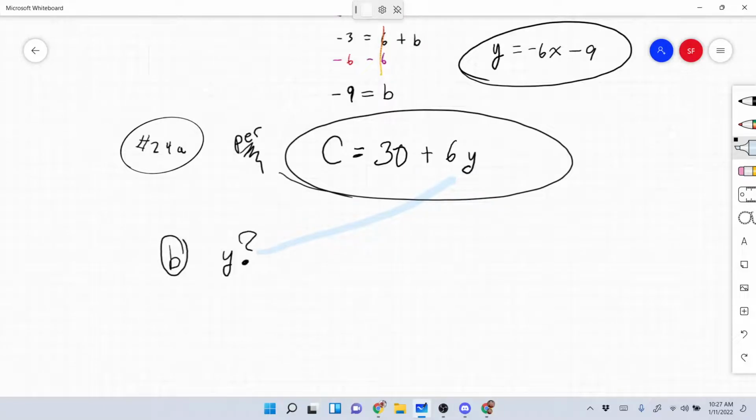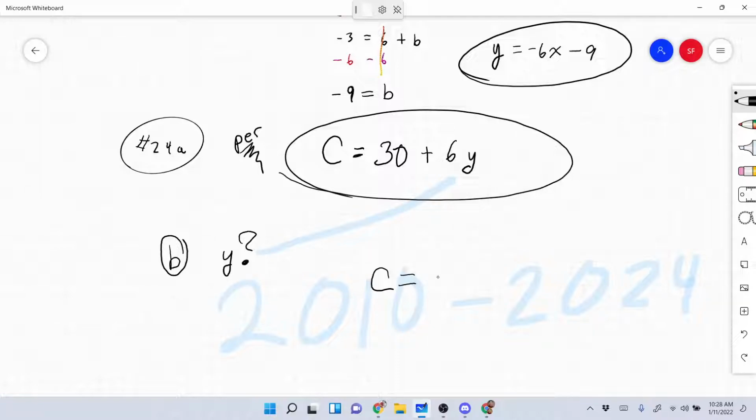So if we start in 2010 and we want to know 2024, then what number are we going to plug in for Y? How many years from 2010 to 2024? 14 years. So we're going to plug in 14 for the number of years.